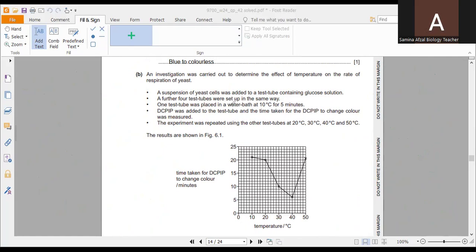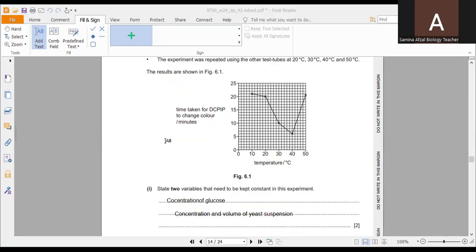A further 4 test tubes were set up in the same way. One test tube was placed in a water bath at 10 degrees C for 5 minutes. DCPIP was added to the test tube and the time taken for the DCPIP to change color was measured. The experiment was repeated using the other test tubes at 20 degrees C, 30, 40, and 50. The results are shown.